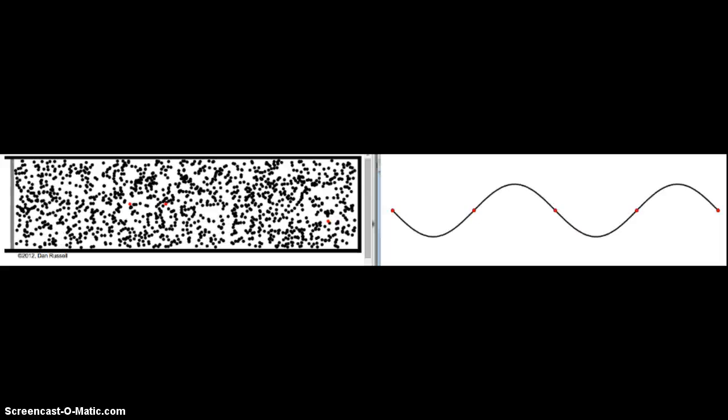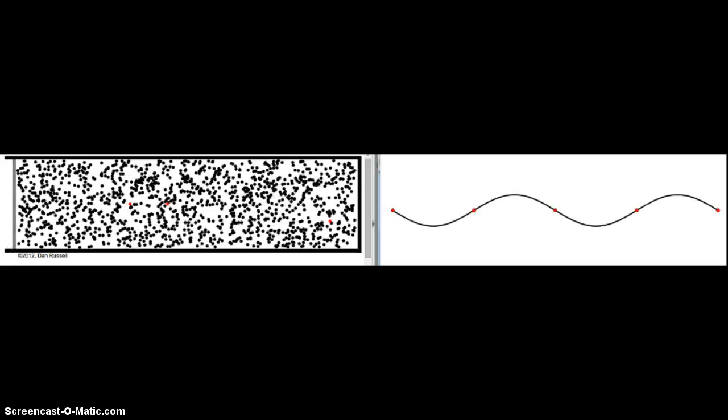So what we can say about particles is this, and this is the crucial statement. On a standing wave, the same particles always have the largest oscillation, and the same particles always have zero oscillation.